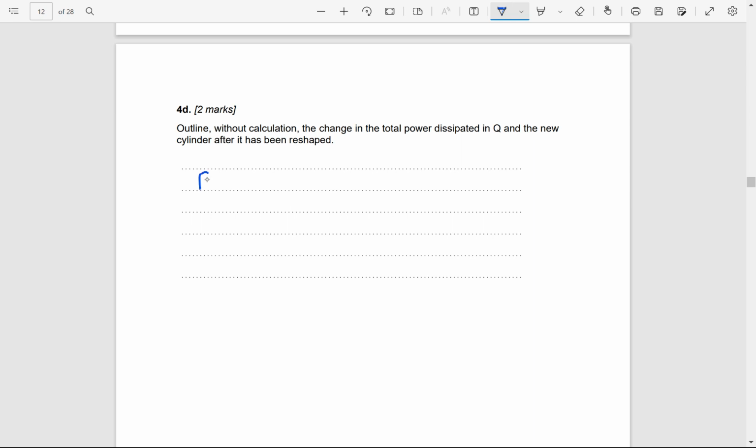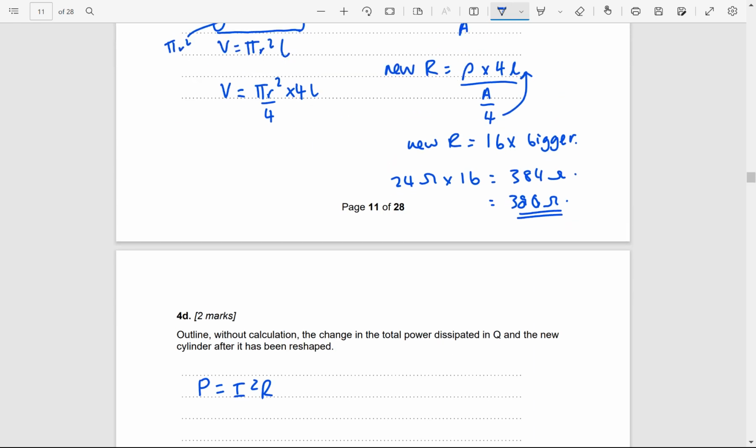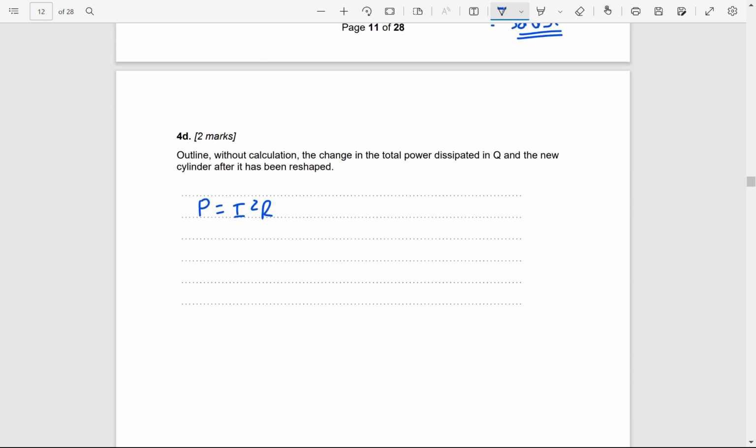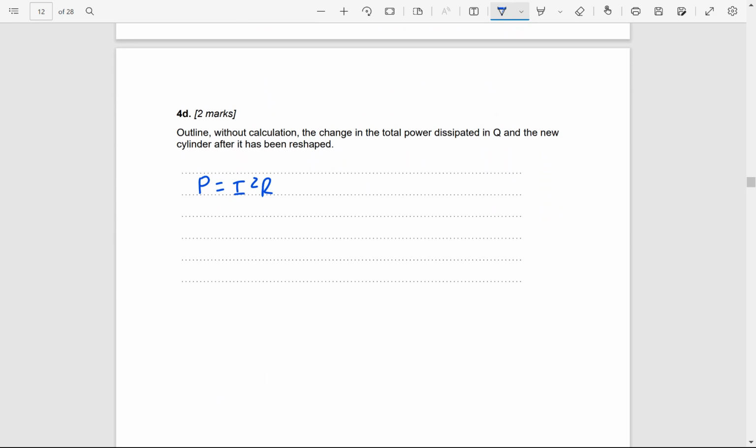All right, so power dissipated is I squared R. So we have now increased the resistance, but if the area has reduced and the length has increased, the current also reduces.